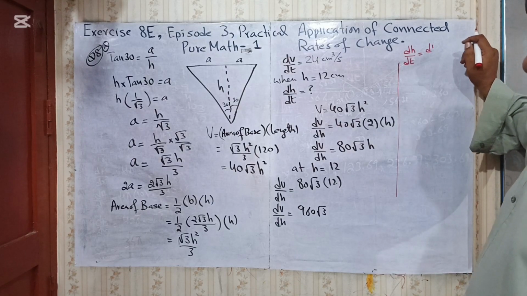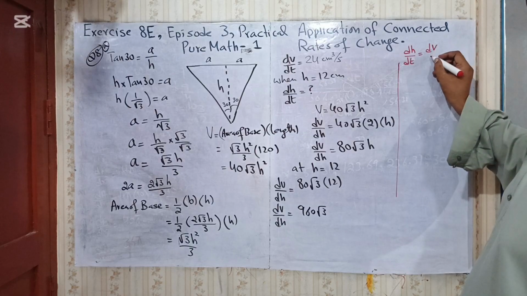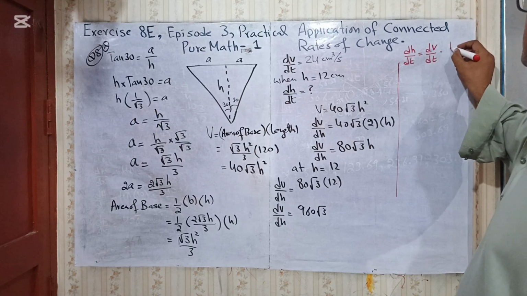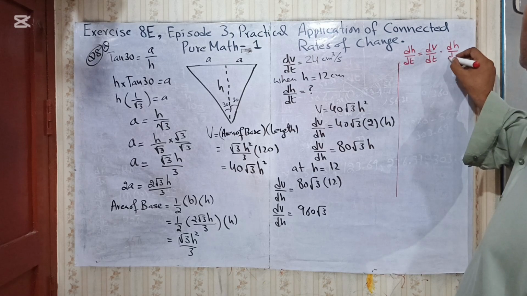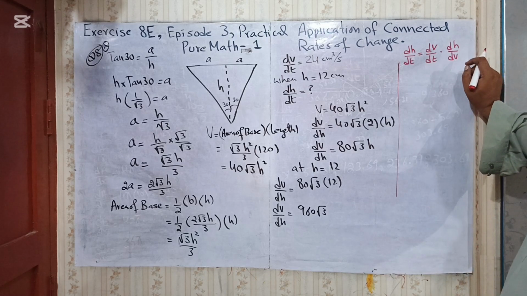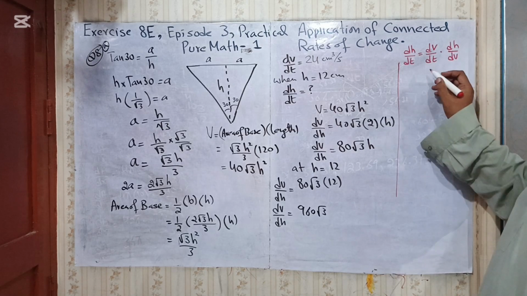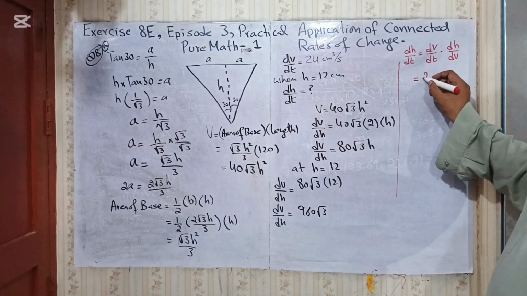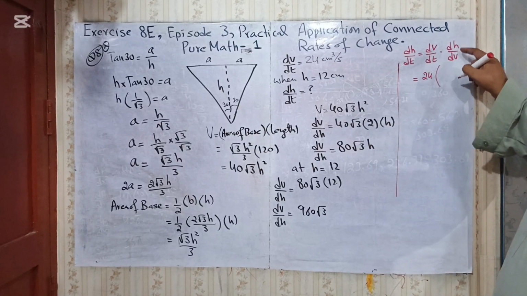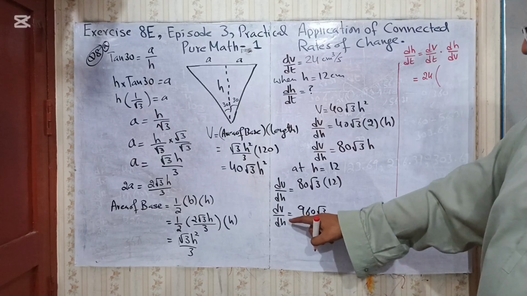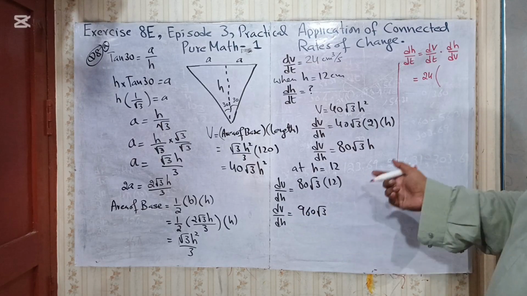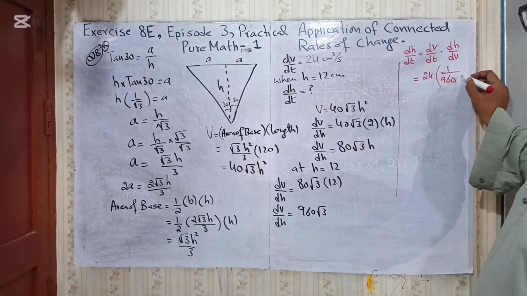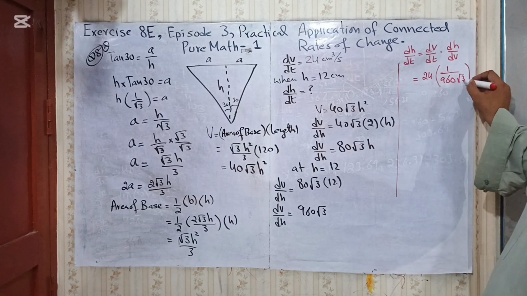Then I will apply my chain rule. According to the chain rule, if you want to find dH by dt, that will be equal to dV by dt into dH by dV.